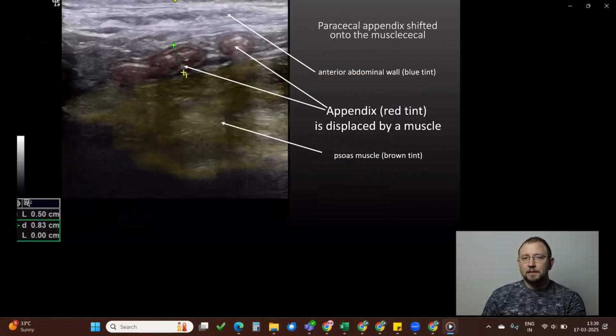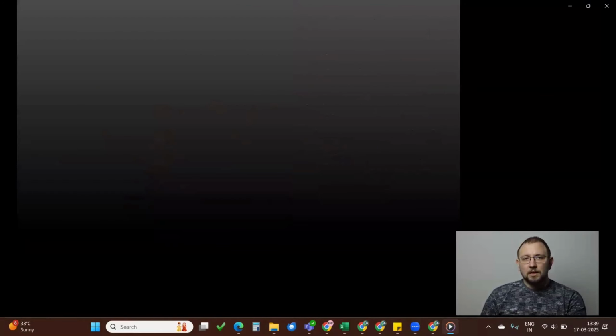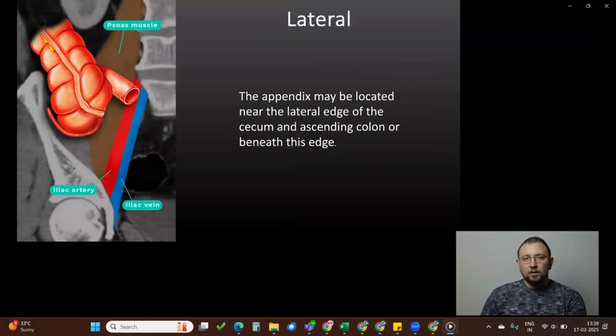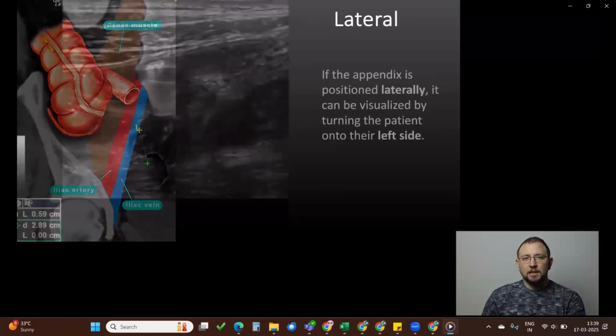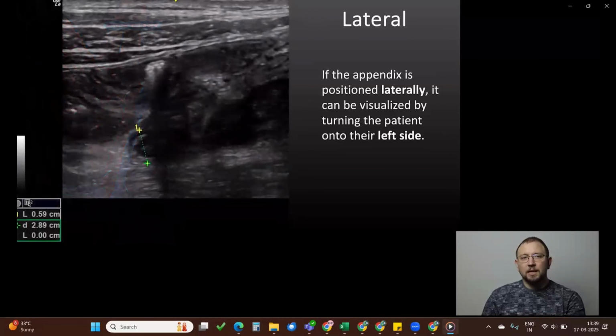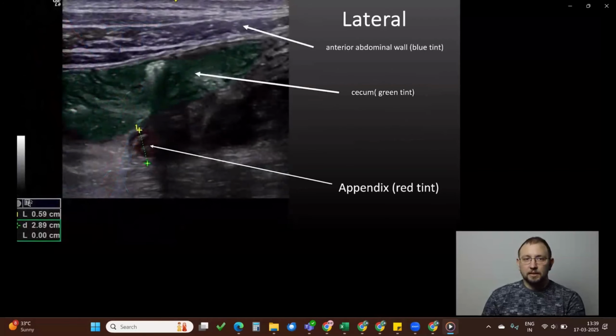If the appendix is not found in those three common positions, it may be located laterally or medially to the cecum. If the appendix is positioned laterally, it can be visualized by turning the patient onto the left side.